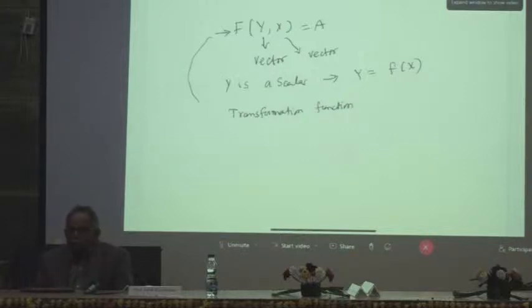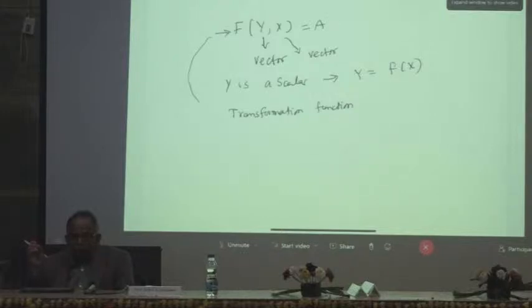What this transformation function is doing is, you can think of a process in which the inputs are being used at one end and outputs are coming out at the other end. But the difference is that you have more than one output. So this is kind of the setup.